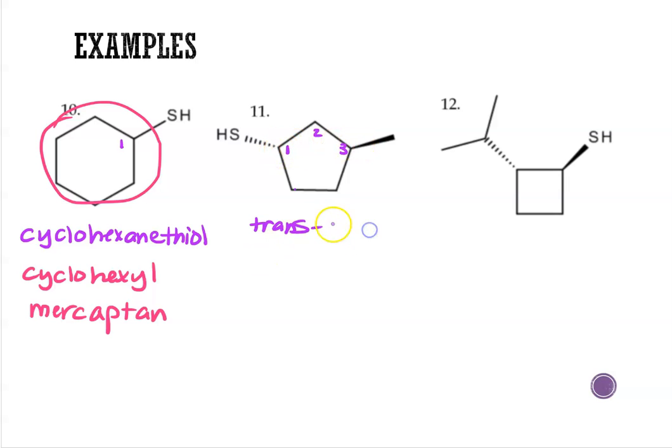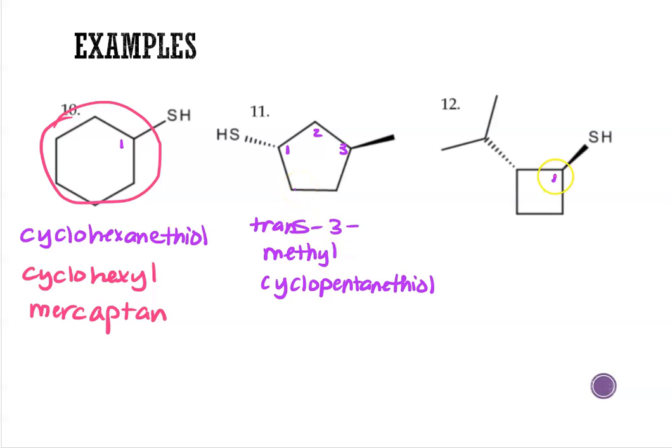Nope, just kidding, trans 3-methyl. And then this would be cyclopentane thiol. Again, this is too complex for an alkyl group, so we'll just stick with the IUPAC name.